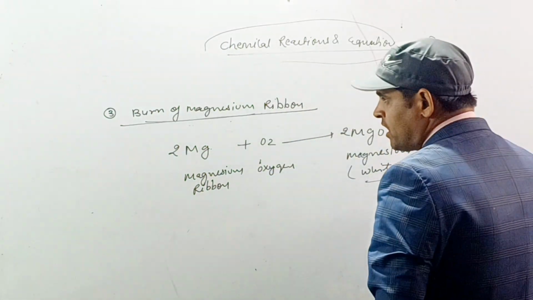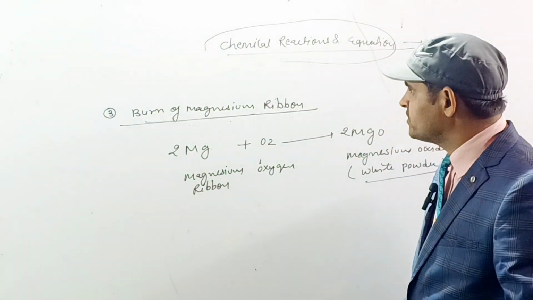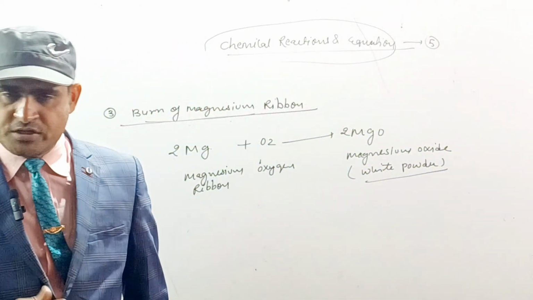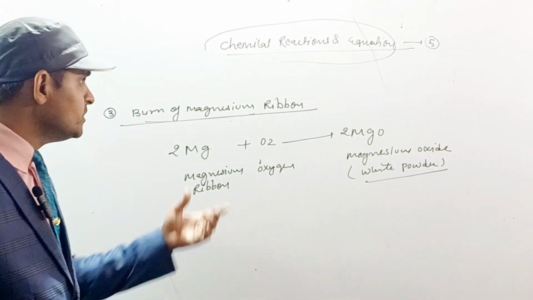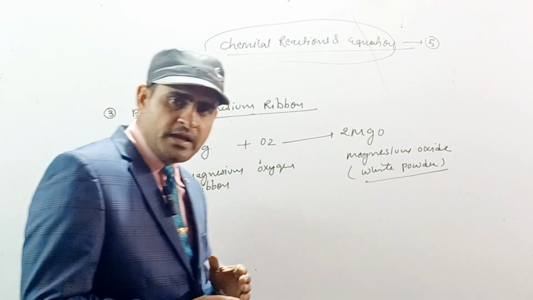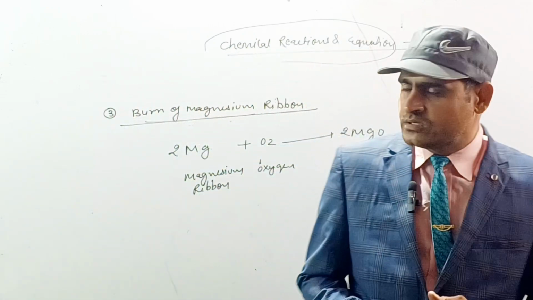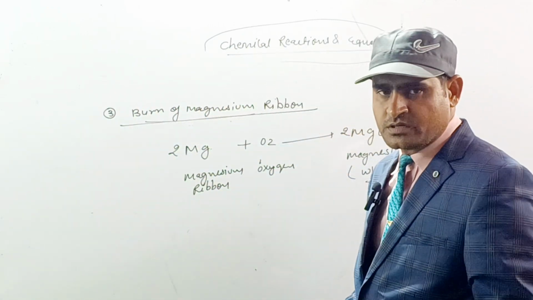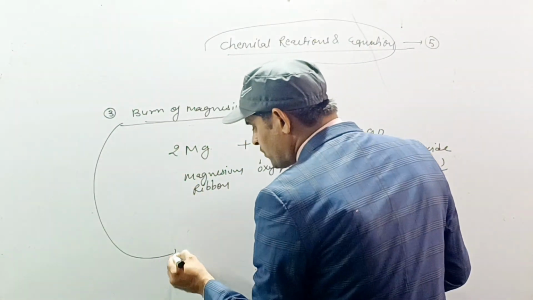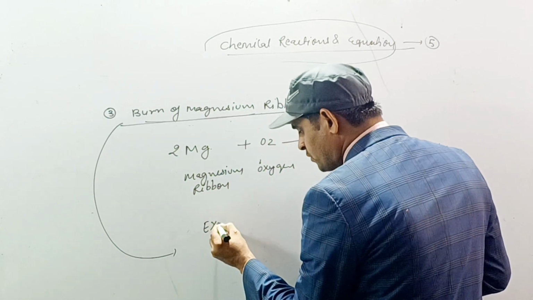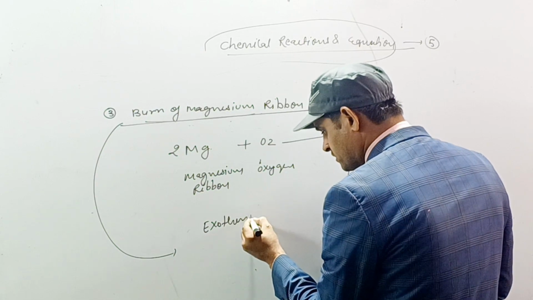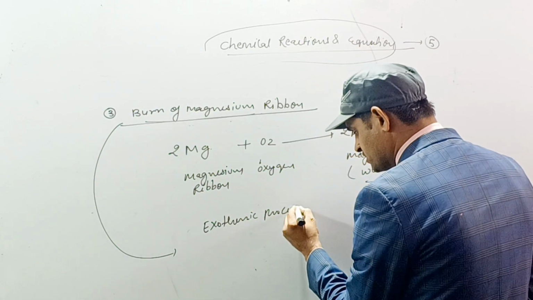Have you learnt all types of combination reaction? The most important fact is that during a combination reaction the energy is released in this process. So the combination process is known as an exothermic process.